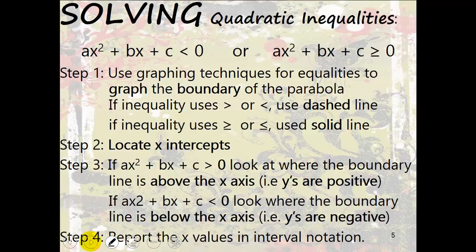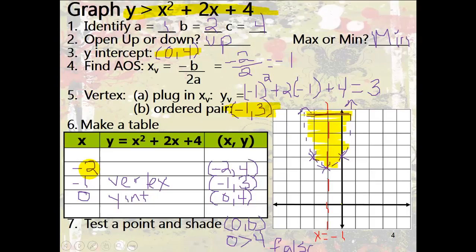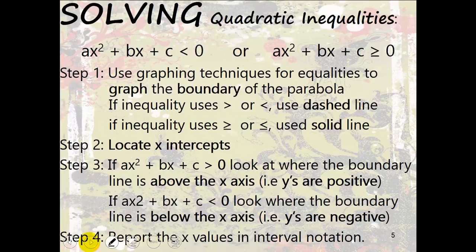So again, we're going to graph the boundary lines. Exclusive is dashed. Inclusive is solid. We're going to locate the x-intercepts because that's going to give us our x values of interest.